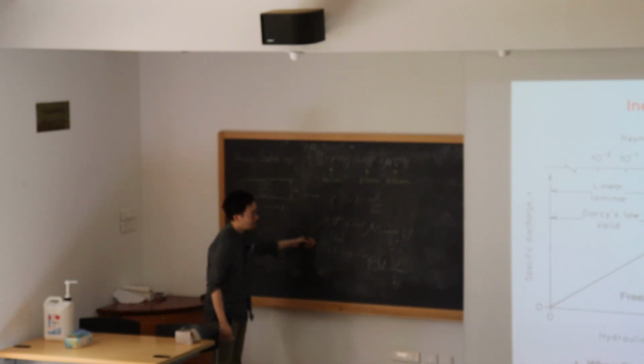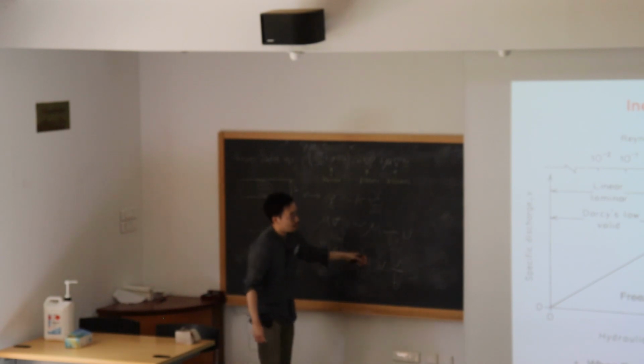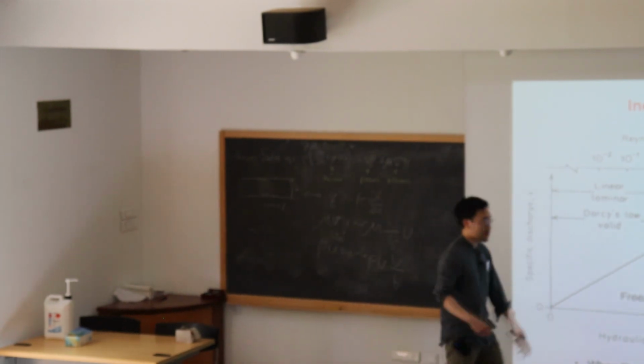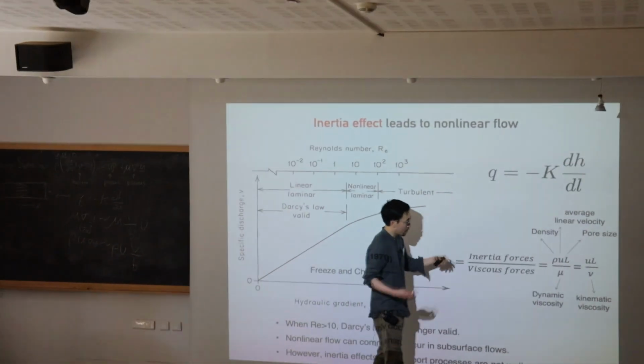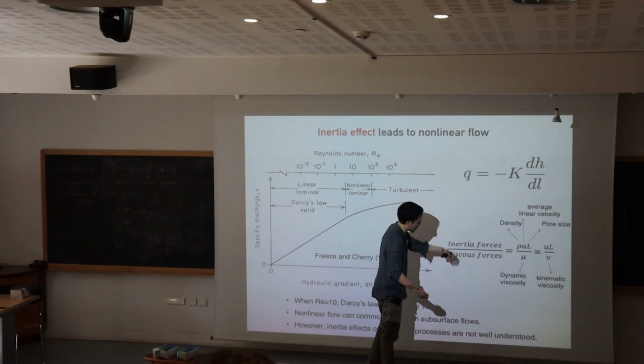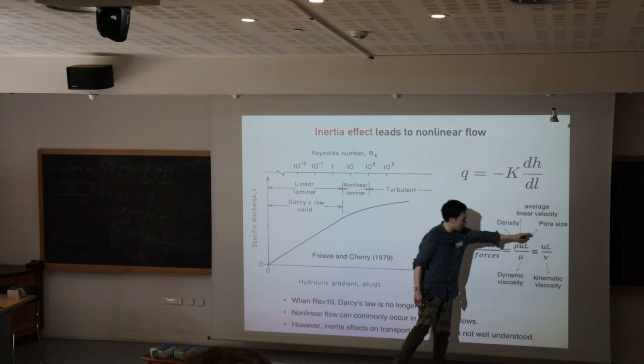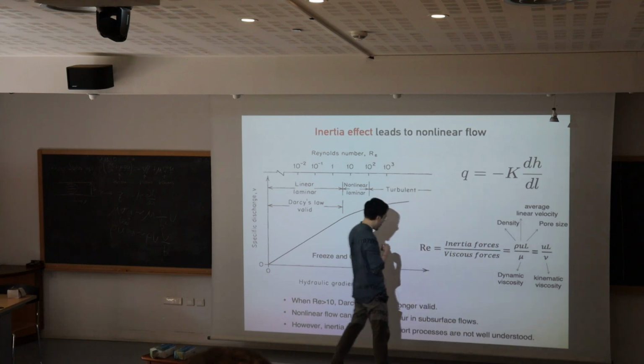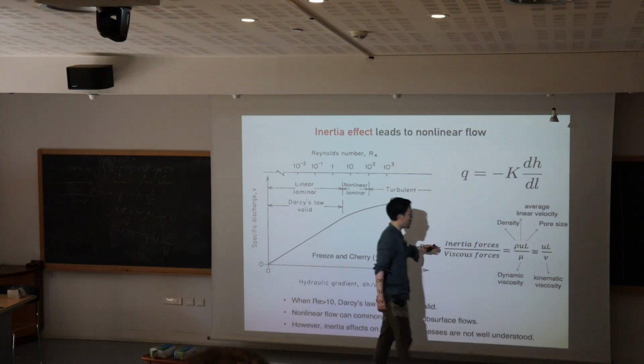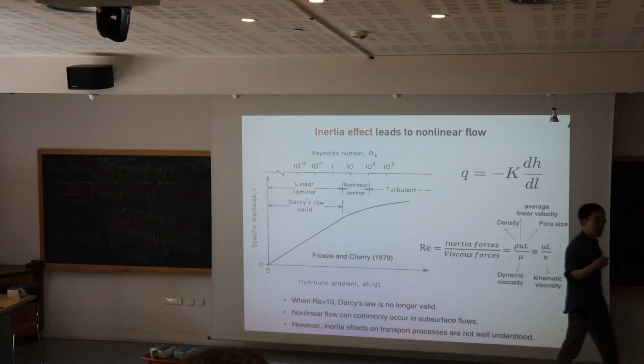If you take one over the other, that's what you get. So you see where it is coming from. It's really from the basic fundamental equation, where we are just balancing the inertia force to the viscous force, which gives us this Reynolds number. And this will be the main dimensionless number that I will keep showing you, and that's why I went through it.